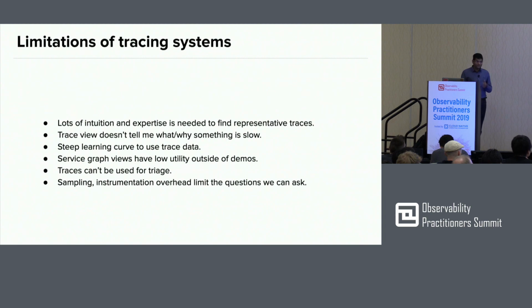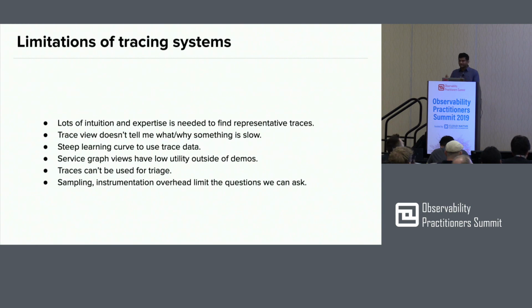They can help if you know that a trace would answer this question, but generally they may not, right? And there are other problems with traces: you sample at scale, you have instrumentation overhead, and as a result you're capturing less data.